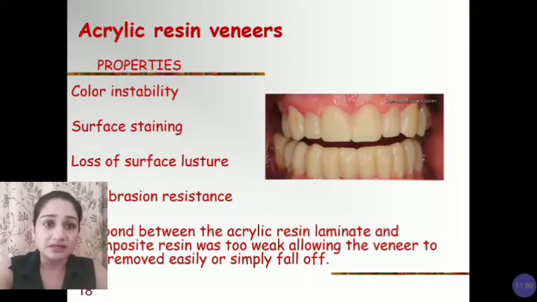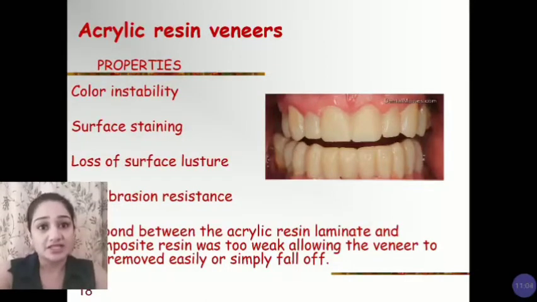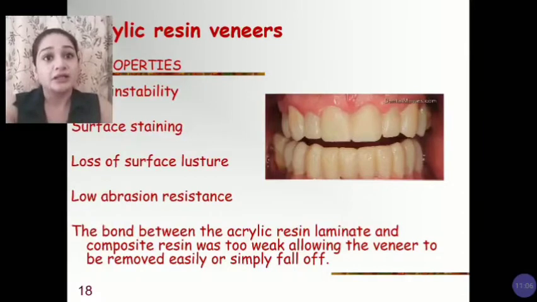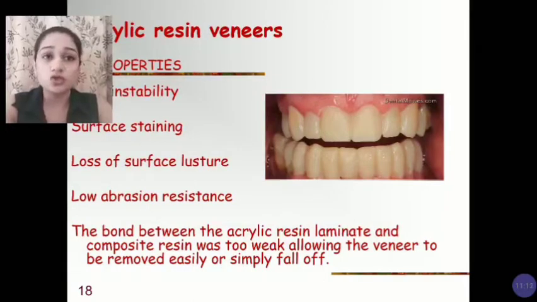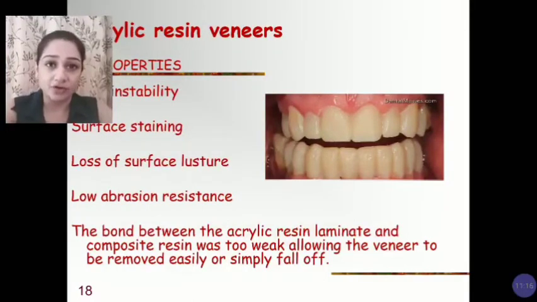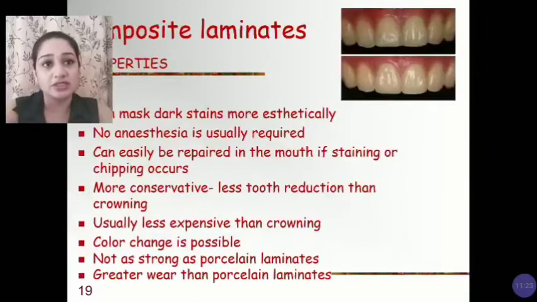It absorbs the color, the surface staining occurs very fast, the loss of surface texture occurs very fast, then it has low abrasion resistance, and the bond between the acrylic resin laminate and the composite resin was too weak, allowing the veneer to be removed easily or simply fall off. That's why it is not used as a definitive or final prosthesis.